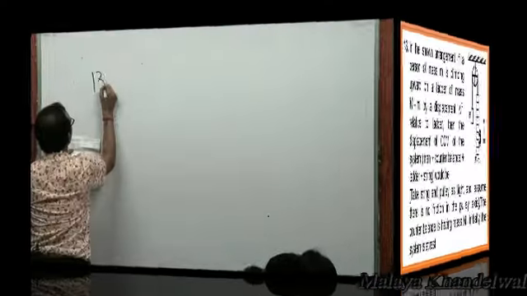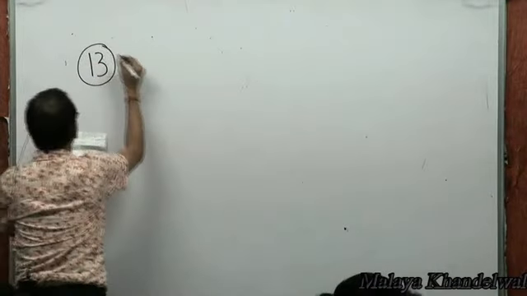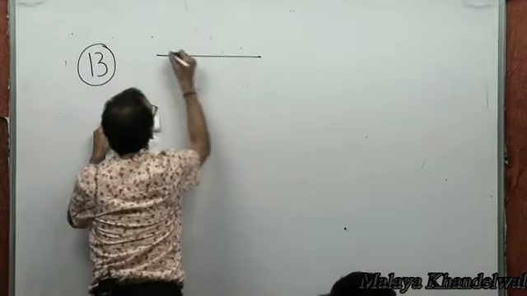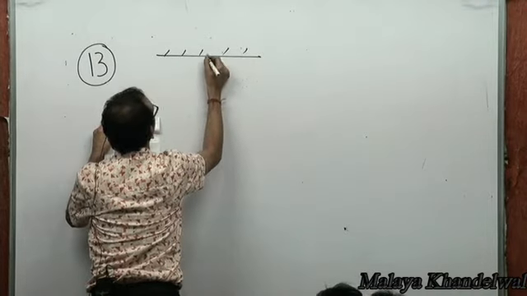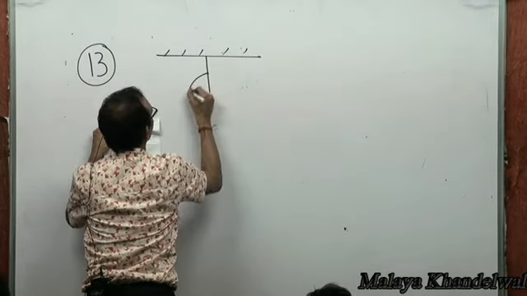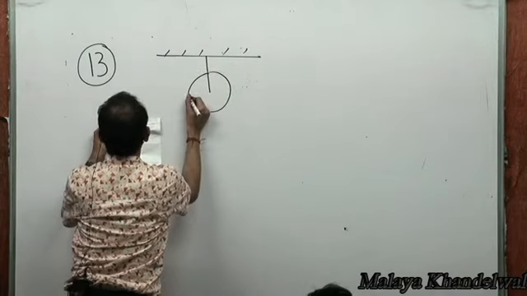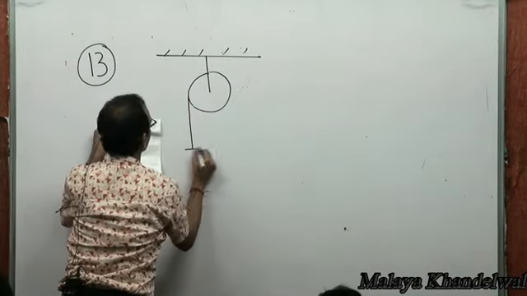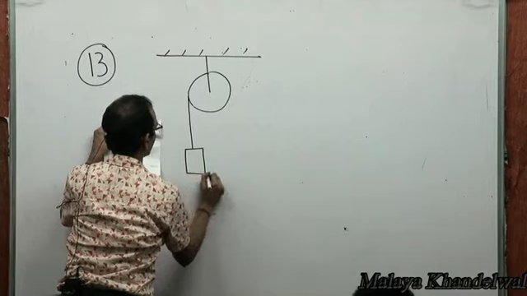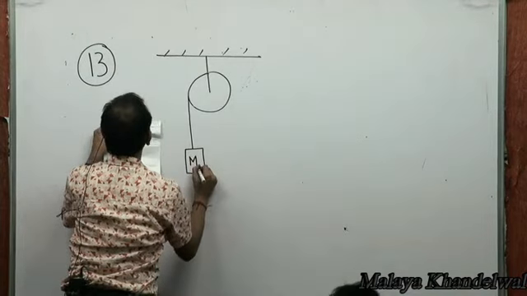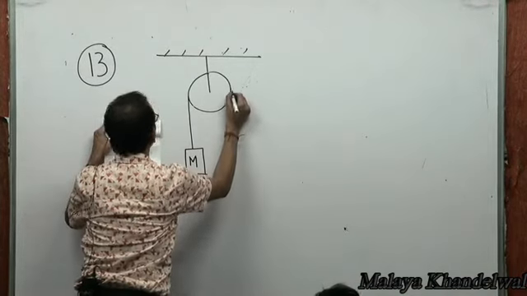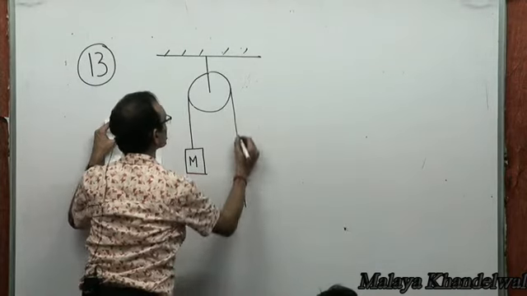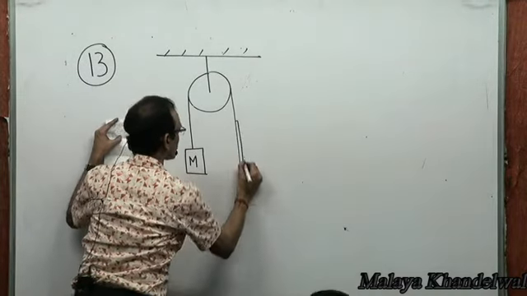Number 13. There is a mass capital M here, and there is a rope here, say.